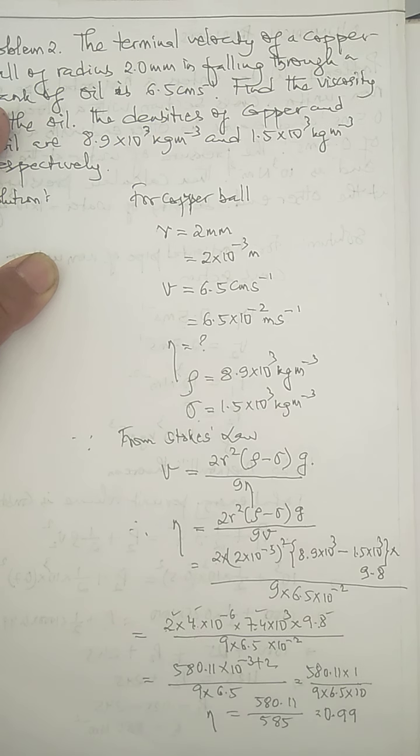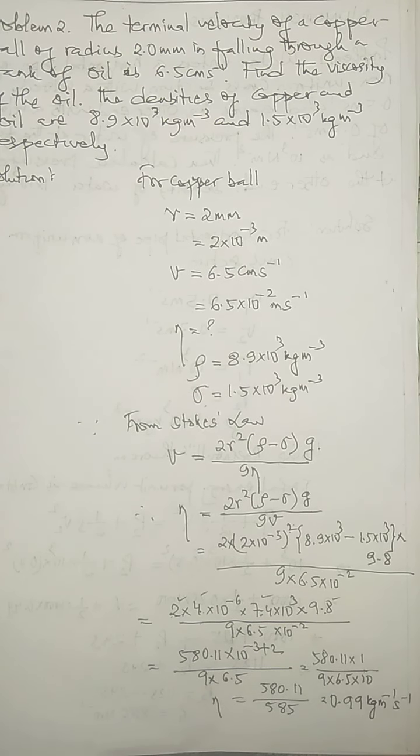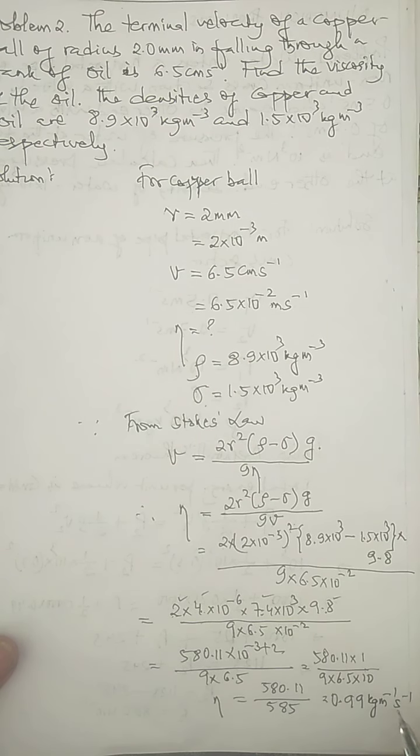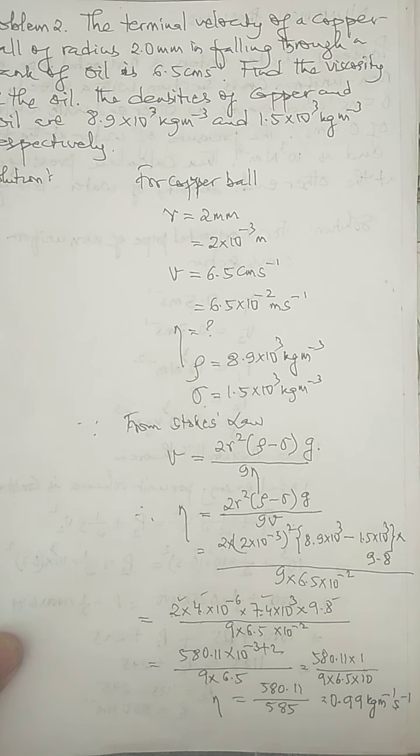The coefficient of viscosity. And children, for information, coefficient of viscosity is expressed in the unit kg per meter per second. So we can write the unit kg per meter per second. So what is the final value of coefficient of viscosity of oil? We are calculating for oil, not necessarily water. It is 0.99 kg per meter per second.